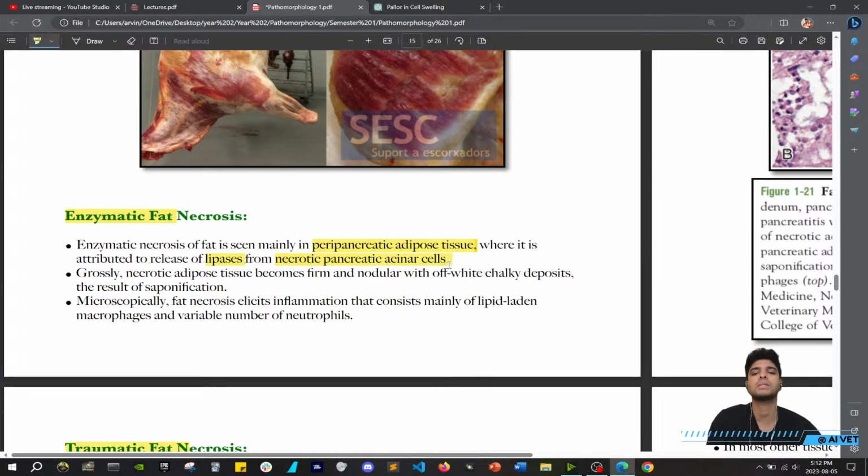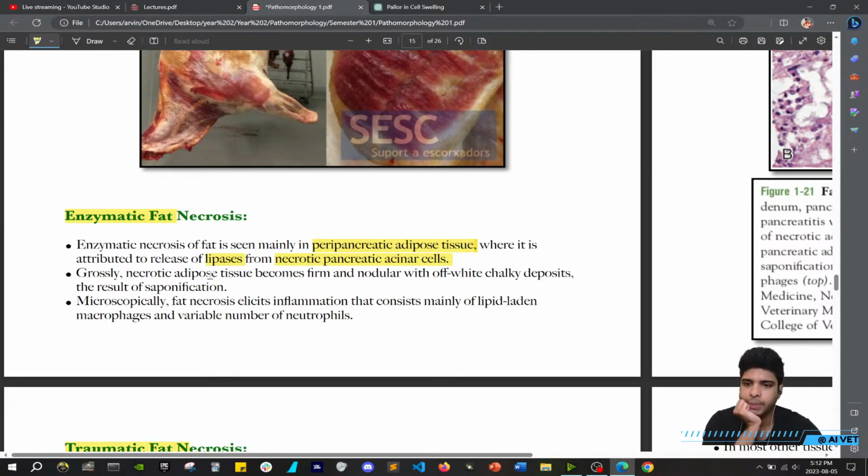So the pancreas is going through necrosis, and when it does, it releases lipases. Those lipases basically affect the peripancreatic adipose tissue, meaning the fat surrounding the pancreas. Okay.